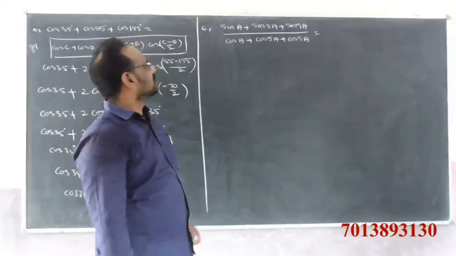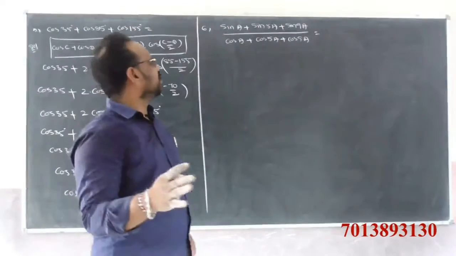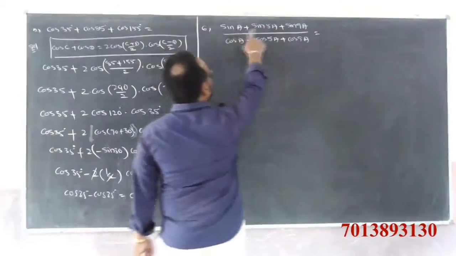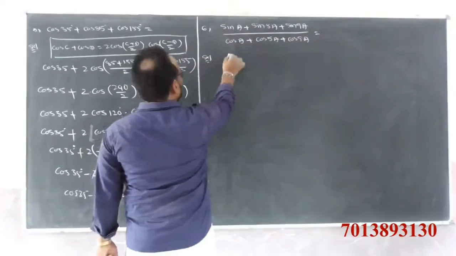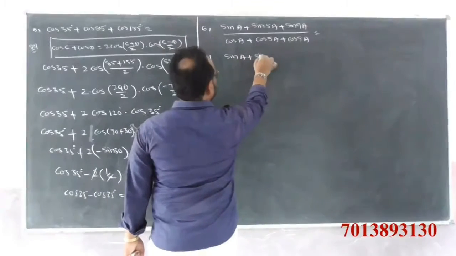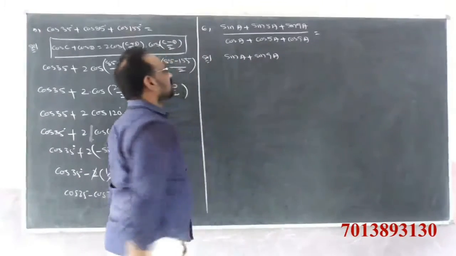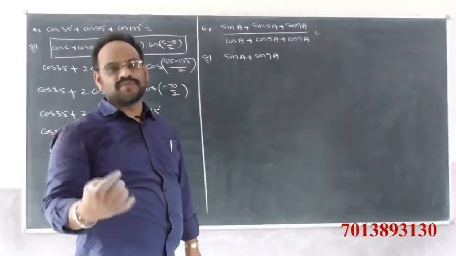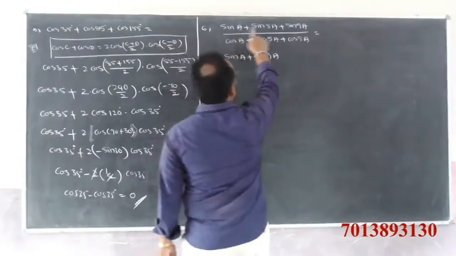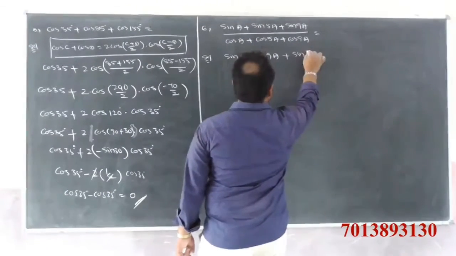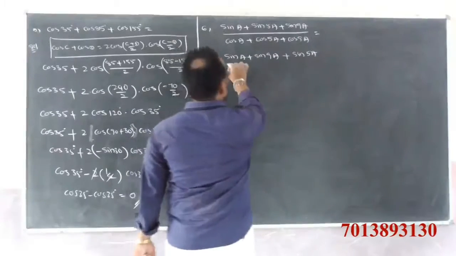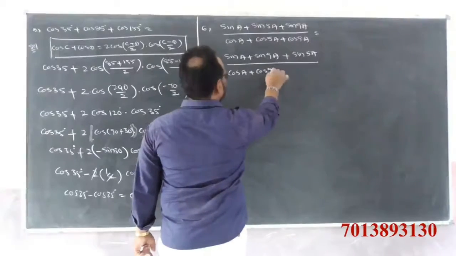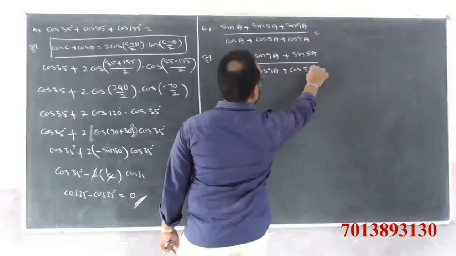Observe here, for convenience this can be written as sin A plus sin 9A plus sin 5A, since 9 plus 1 is 10, by 2 is 5A, and 9 minus 1 is 8, by 2 is 4A. Similarly in the denominator, cos A plus cos 9A plus cos 5A.